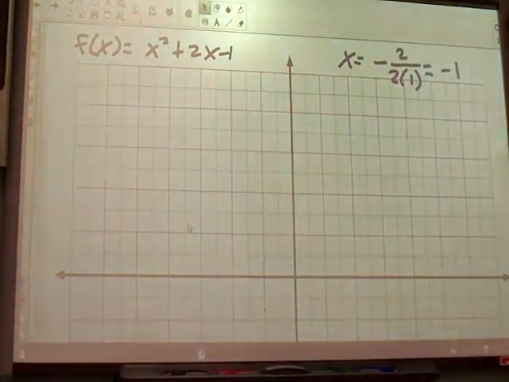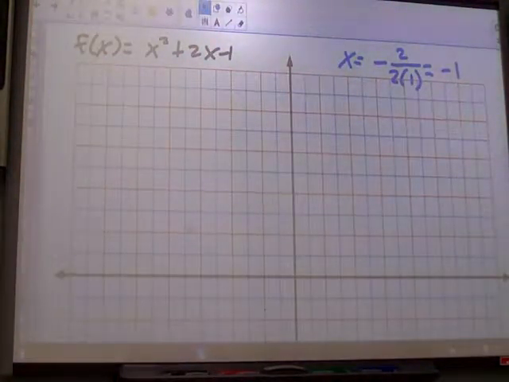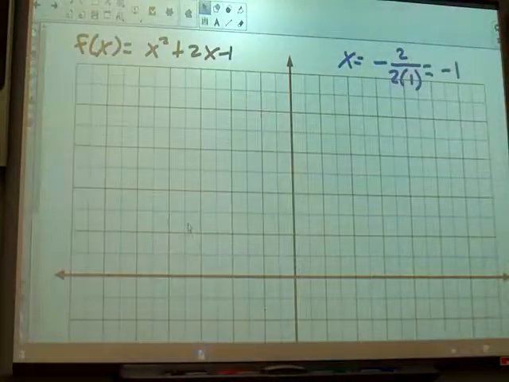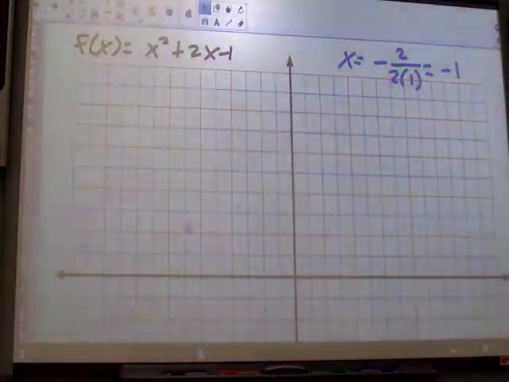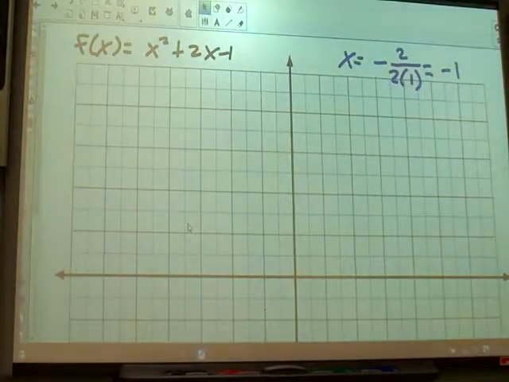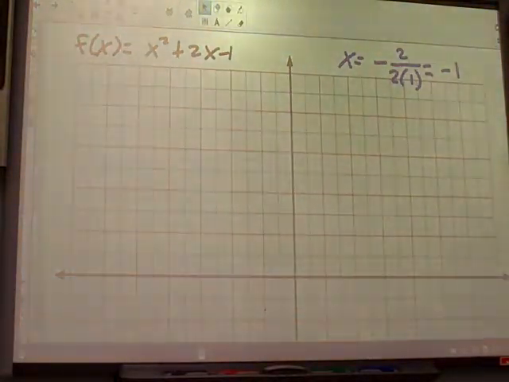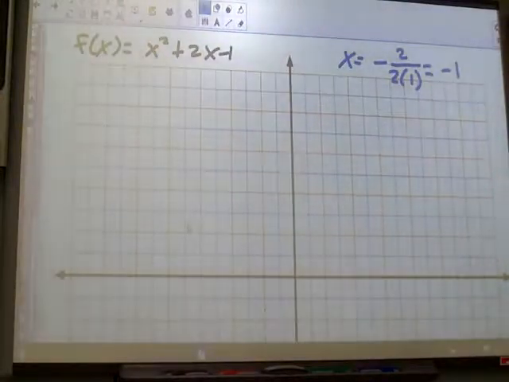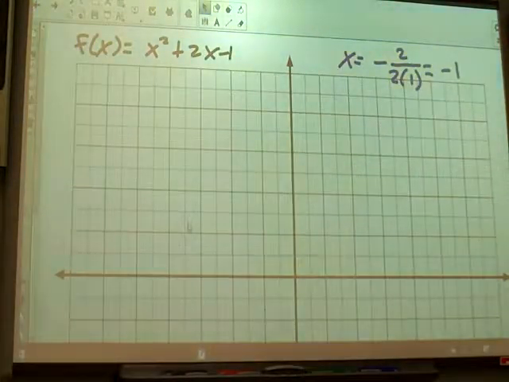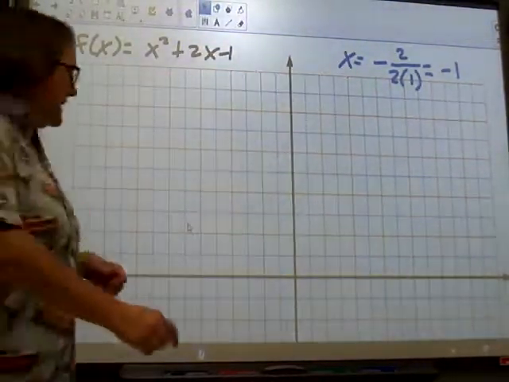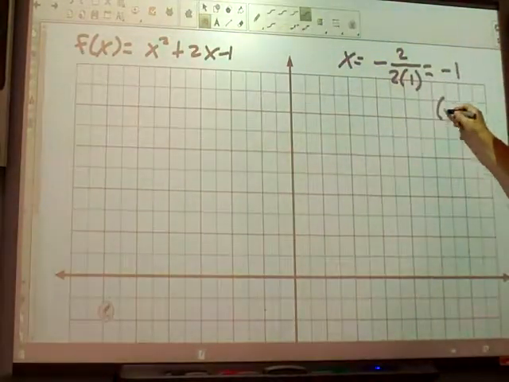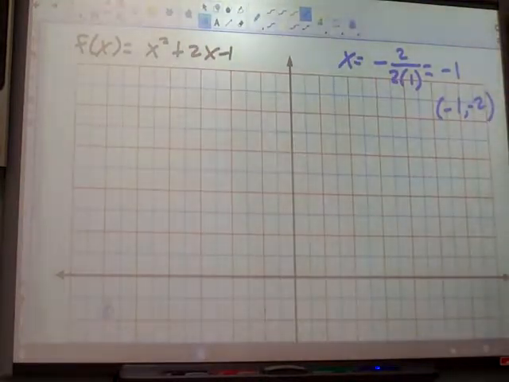If you do a negative squared in your calculator, you have to put it in parentheses. If you don't, it does the 1 squared first and then makes it a negative. But you know that a negative times a negative is a positive. To make your calculator talk right, you've got to put it in parentheses. Okay? So you should get a vertex of -1, -2.